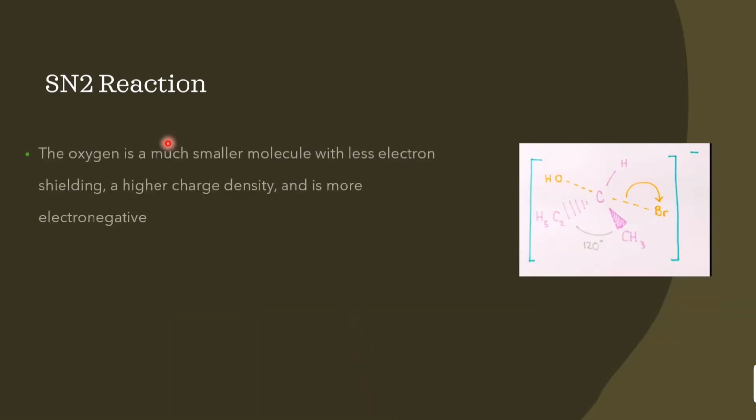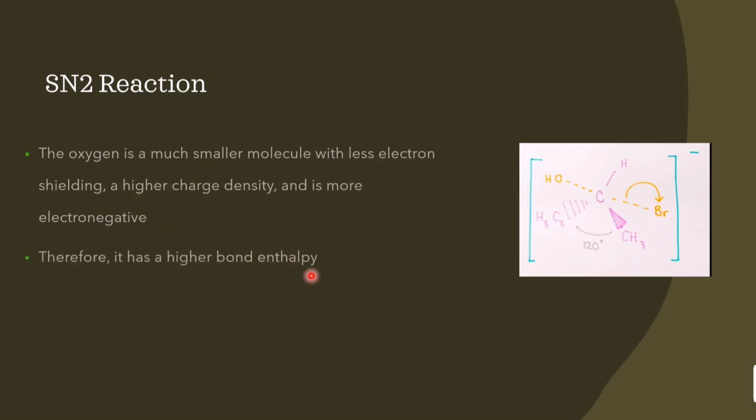So the hydroxyl is a much smaller molecule. Our oxygen is a much smaller atom. So this means that our oxygen has less electron shielding than our bromine. It has a higher charge density than our bromine, and it's more electronegative than our bromine.